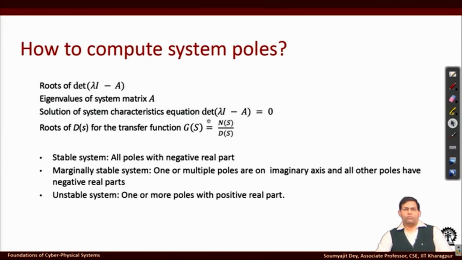The way we compute eigenvalues of a matrix is the standard method: roots of determinant of lambda I minus A, where I is the identity matrix. If you compute the roots of this polynomial, what you get are the eigenvalues of this matrix A. Essentially they are the solutions of this characteristic equation.